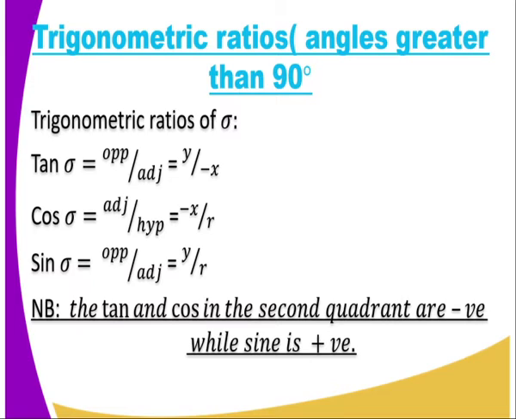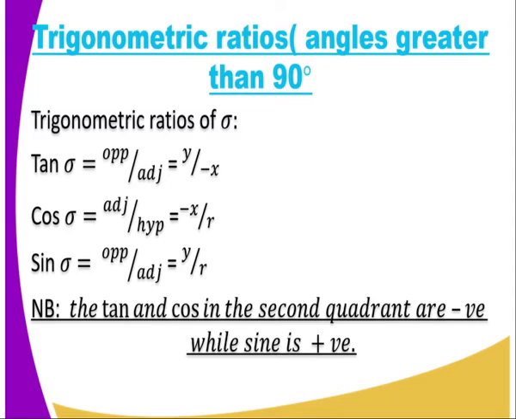We go to the second quadrant where we have the mu. Tan mu is opposite over adjacent, which is y over negative x. Cos mu is adjacent over hypotenuse, which is negative x over r. And then sine mu is opposite over hypotenuse, which is y divided by r.